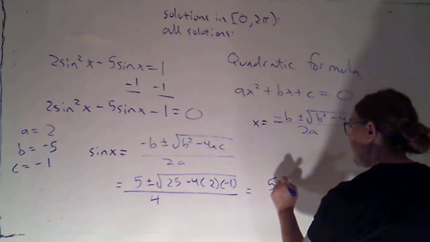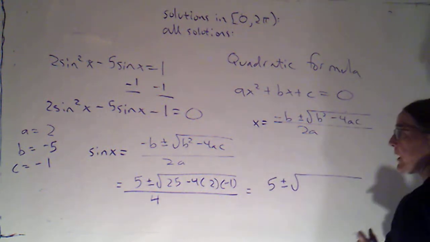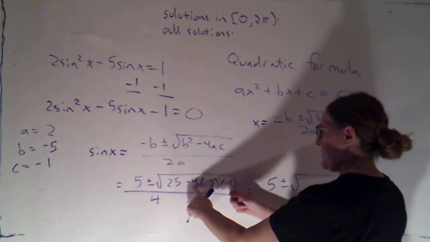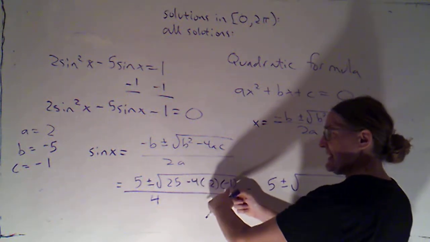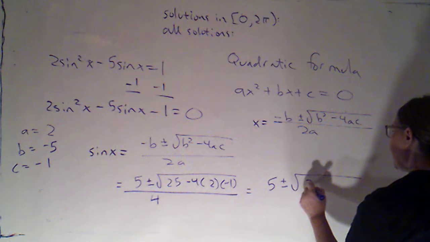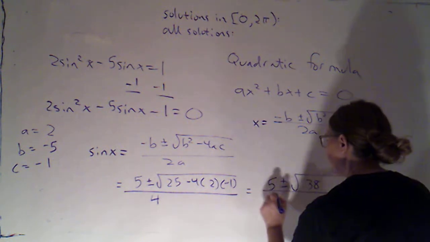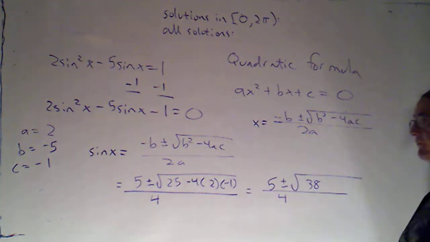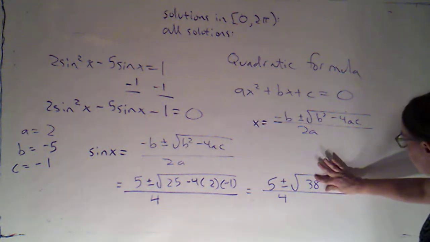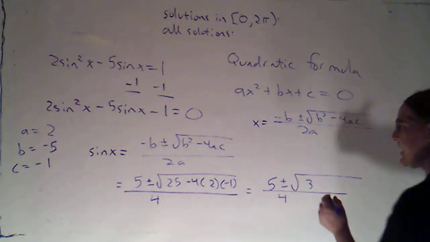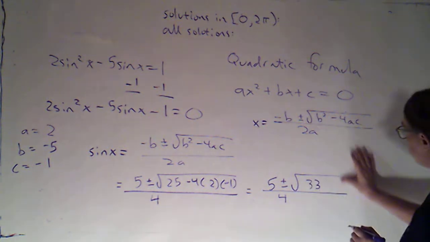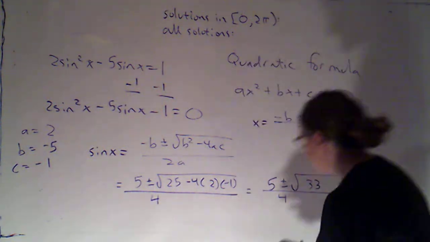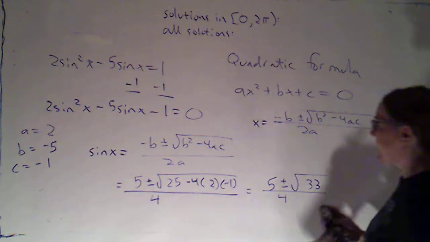So that's 5 plus or minus the square root of, this is going to become positive 8, 25 plus 8 is 33, all over 4. I'm sorry, I said 33 and I wrote 38. I meant 33. So this is what we're going to have.